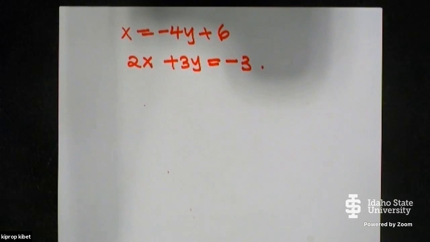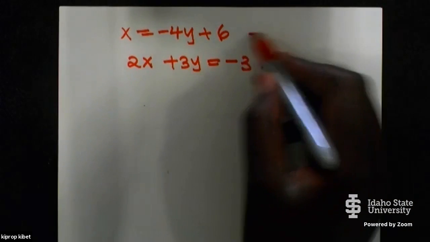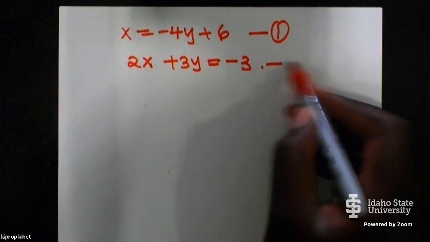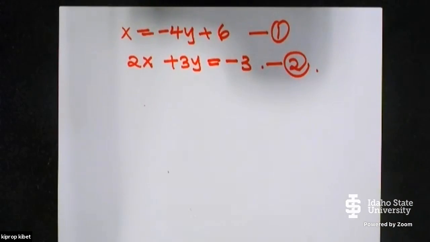This is the point when you've made x the subject. That means you take all the values to the other side. So we can say this one is equation number 1, and then this is equation number 2.